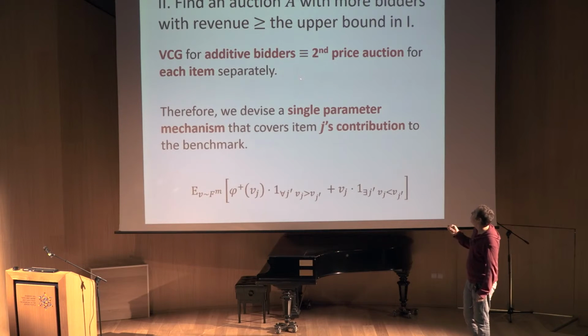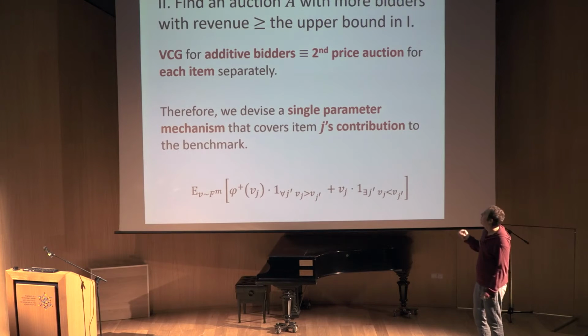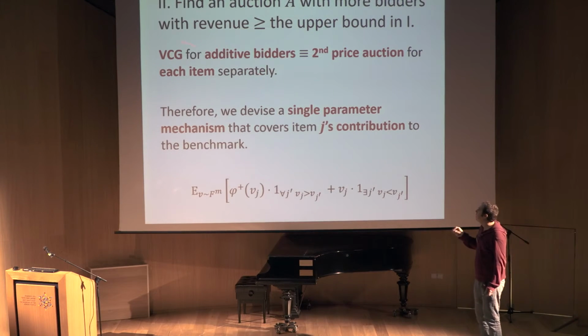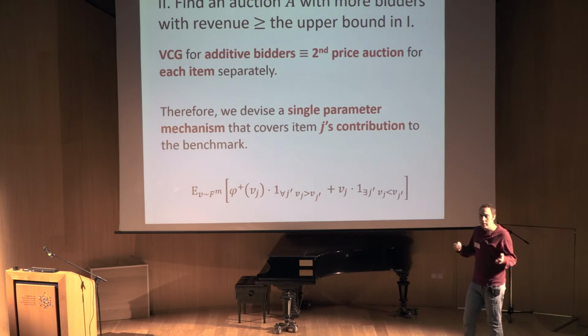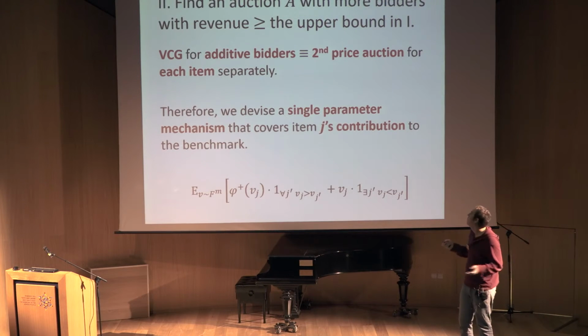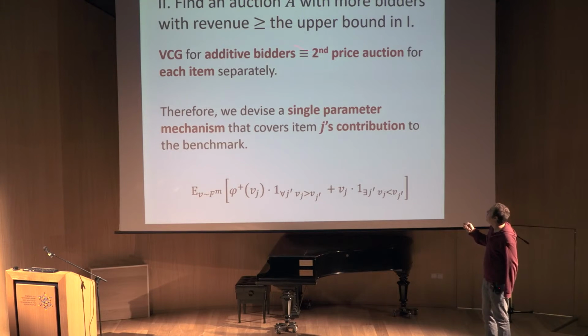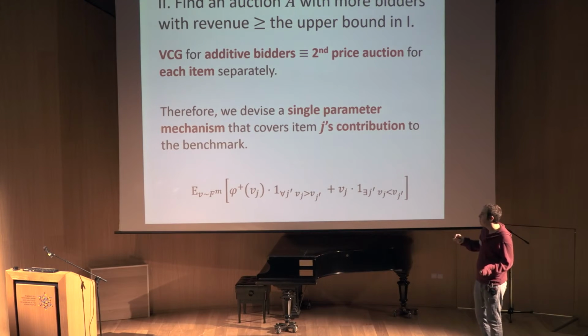And now for step 2, we have the upper bound. So we want to find an auction that gets this revenue. And here we use the fact that VCG, for an additive bidder, is actually separable across items. It boils down to running second price for each item separately. So instead of finding an auction that covers the revenue, we find a single parameter auction that only covers item J's contribution to the revenue.